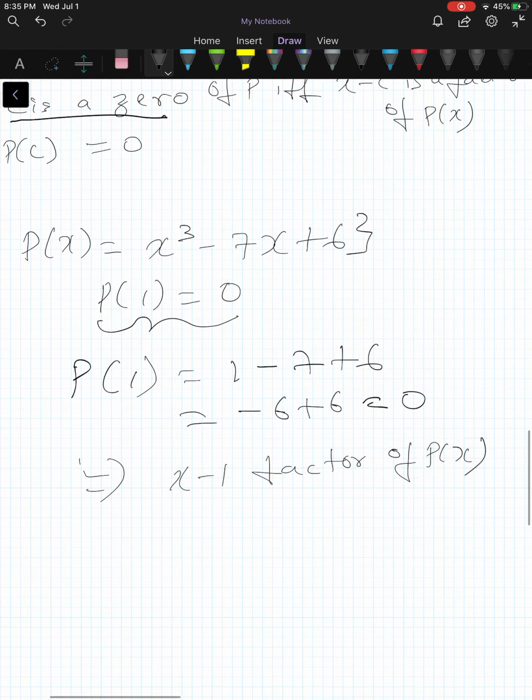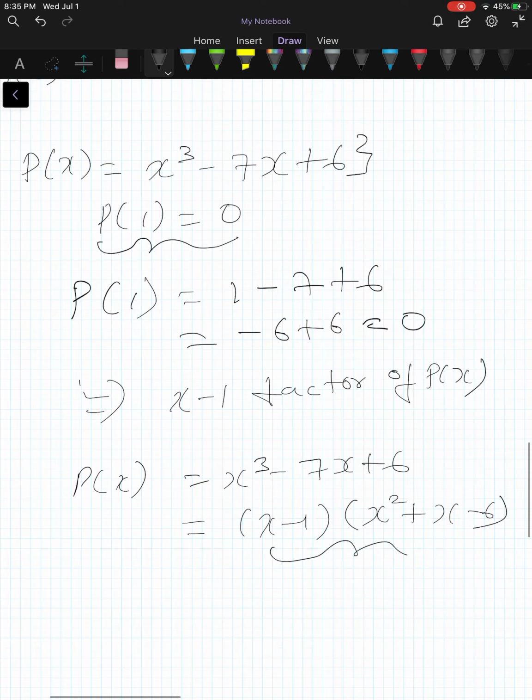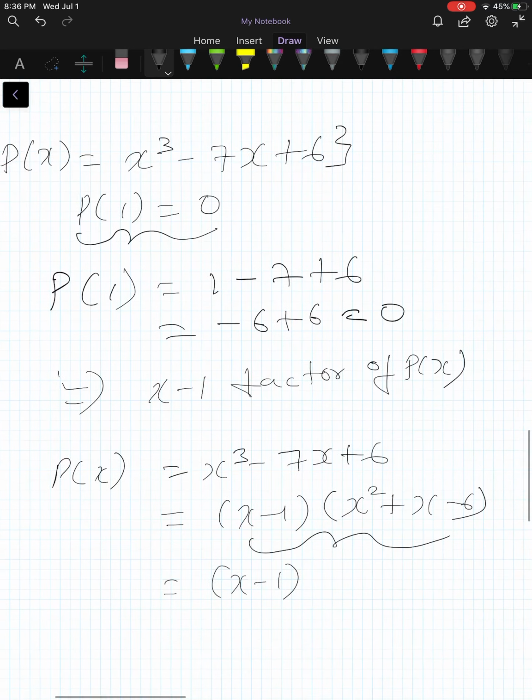By using synthetic division or long division, we can see that p of x, which is equal to x cube minus 7x plus 6, can be represented as x minus 1 times x squared plus x minus 6. You can verify this by the long division method or synthetic division method.